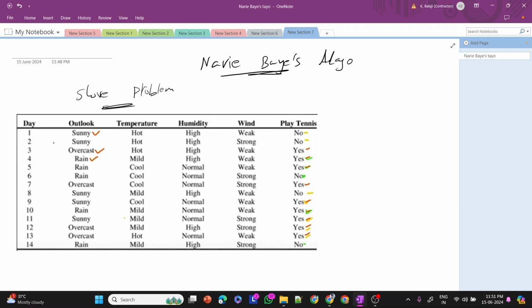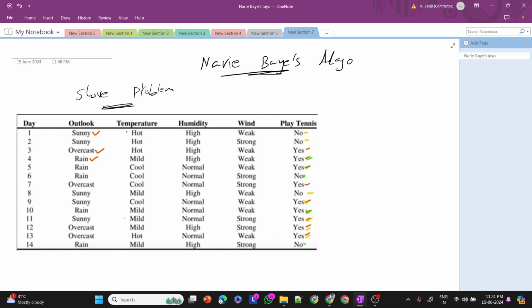Considering day 1, the outlook is sunny, the temperature was hot, humidity was high and wind was weak.